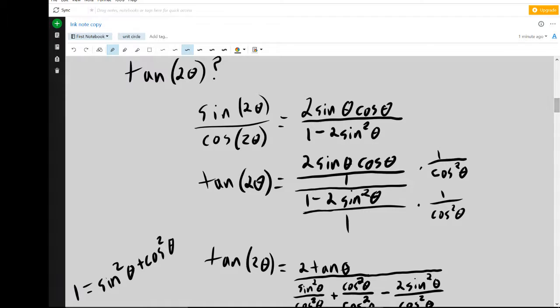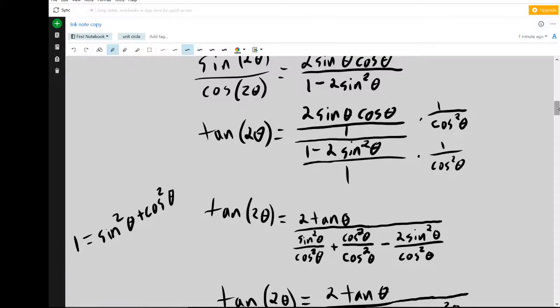When we get these tangent identities, what we're trying to do is phrase these as tangent. So how do we get a tangent on the numerator? Well, we need to get that sine over a cosine. We can't just put a sine underneath that cosine that ends up on the numerator, because that would actually be a cotangent. So instead, we're going to eliminate it.